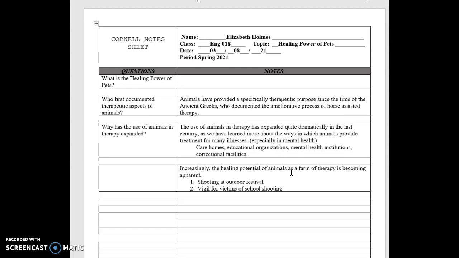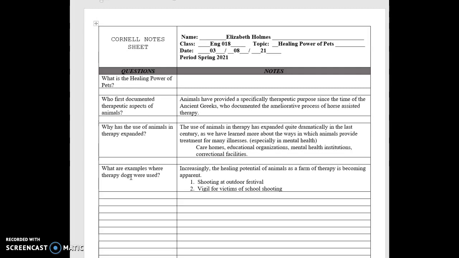Okay. So then I'm going to put over here examples of, I can do it as a question if I want. What are examples where therapy dogs were used?